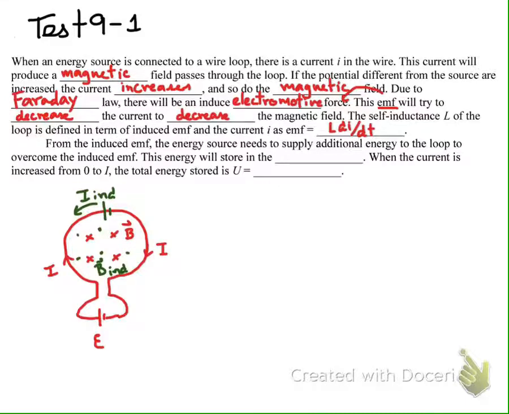And this energy will be stored in the magnetic field. When the current is increased from 0 to I, the total energy stored is equal to 1/2 of L I square. So this is the formula for the potential energy. Okay, so that is for test 9-1.